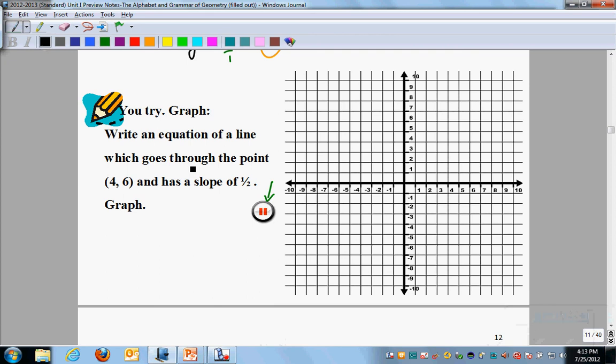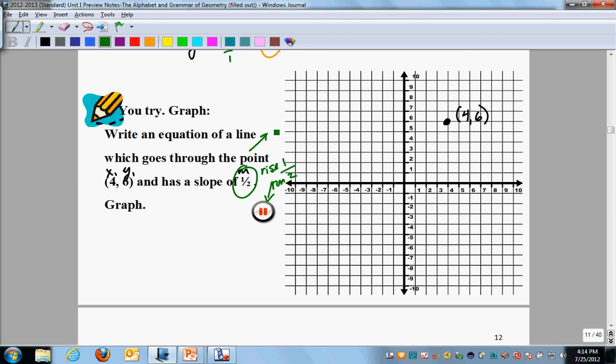So it says write an equation of a line that goes through the point 4, 6. That's going to be our x1 and y1, and has a slope of 1/2. So to graph this, we're simply going to plot 4, 6. So we go over 4 and up 6. And our slope is 1/2. So the rise is +1, and the run is +2.